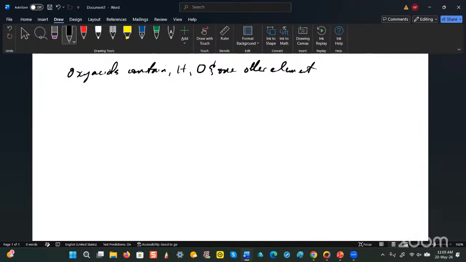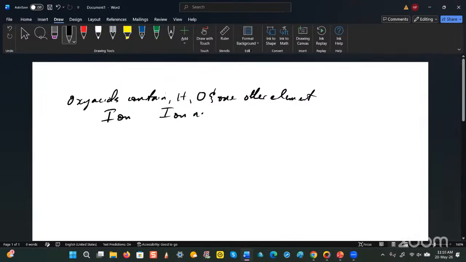All right? Now, I'm thinking of how to construct this table. Okay, so let me start off with ion name in the first column.